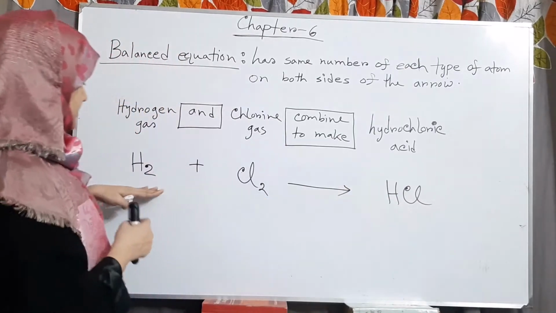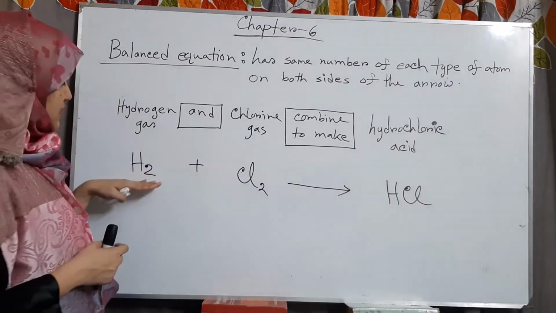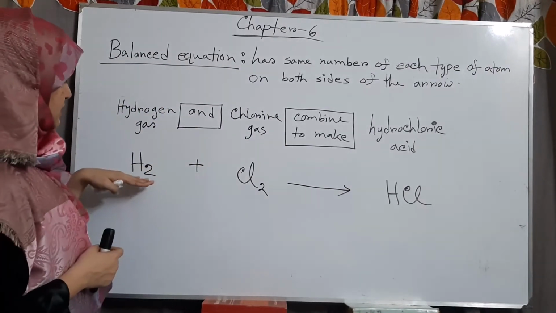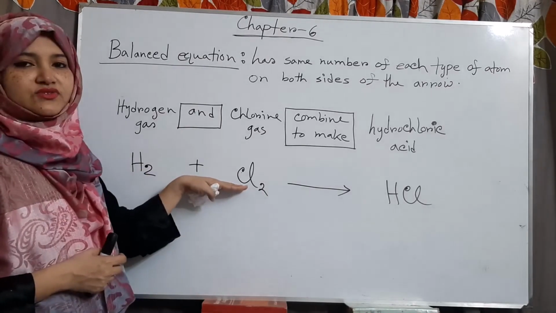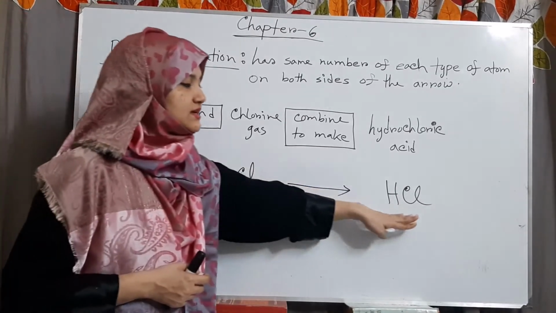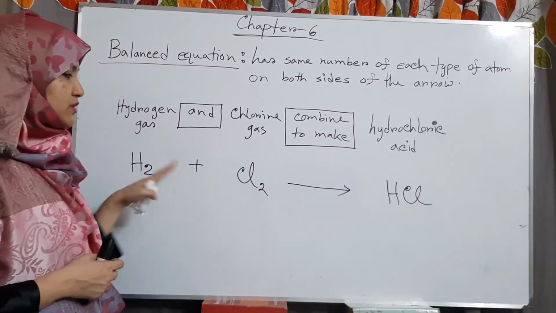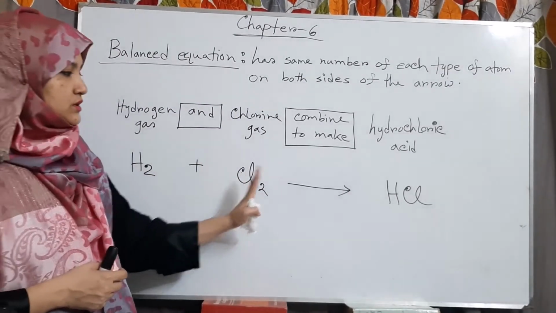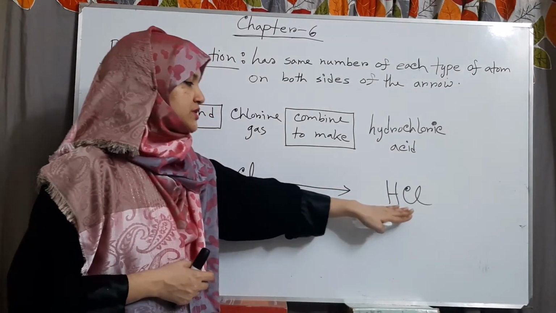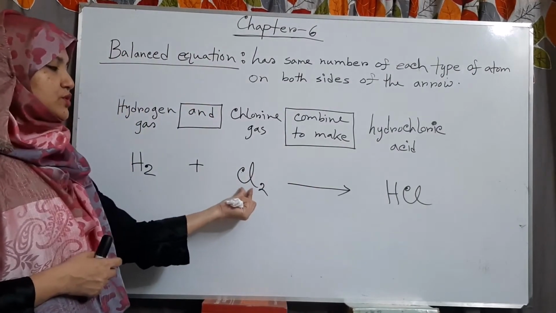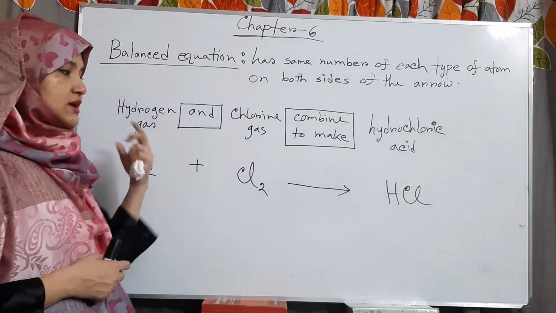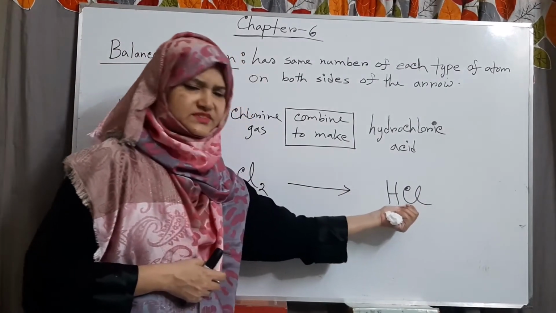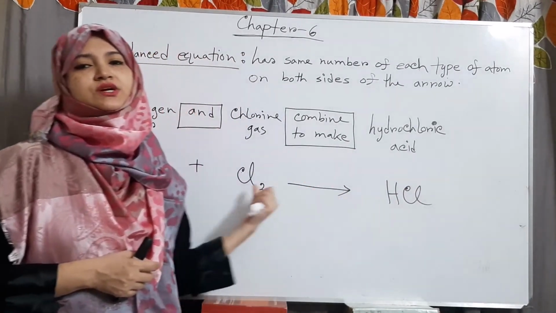For this chemical reaction, hydrogen and chlorine are the reactants, and HCl, totally different from these two elemental molecules, is the product for this reaction. The properties of HCl are totally different from chlorine and hydrogen.